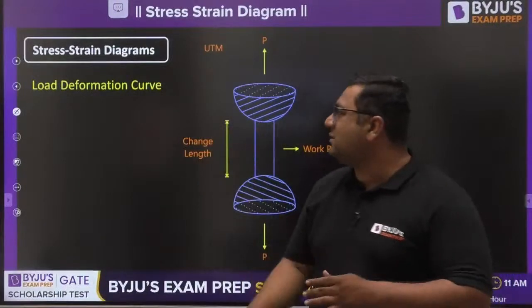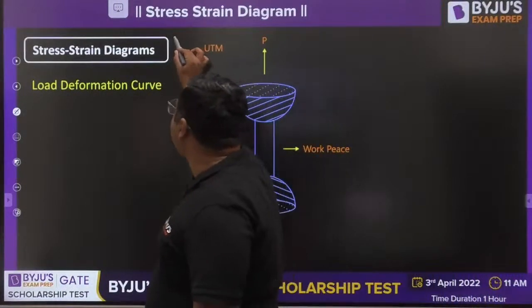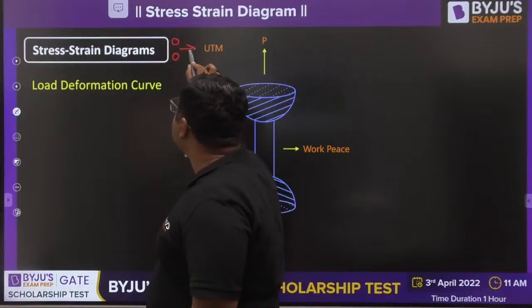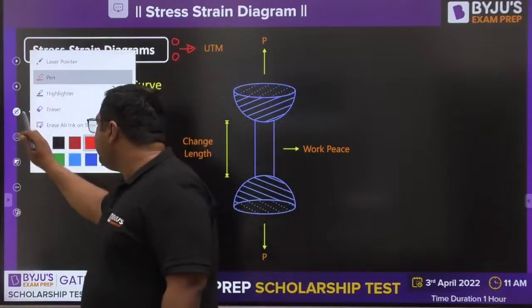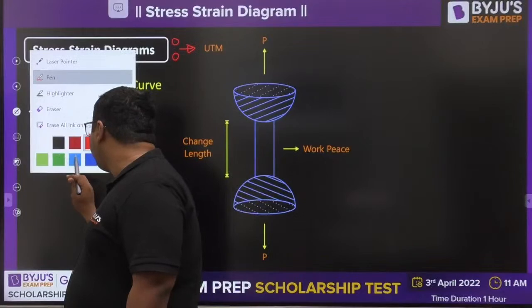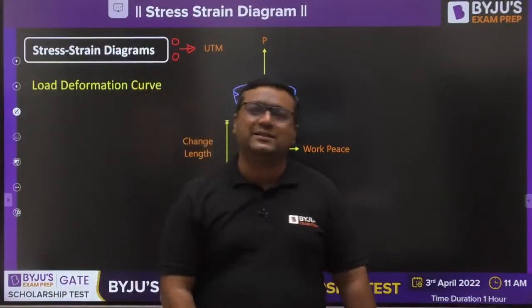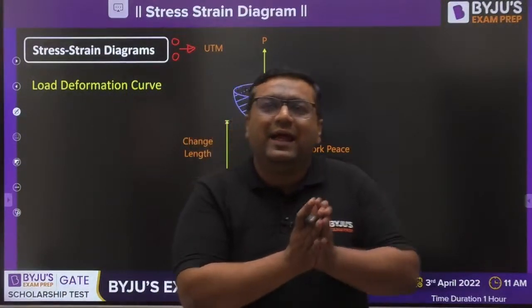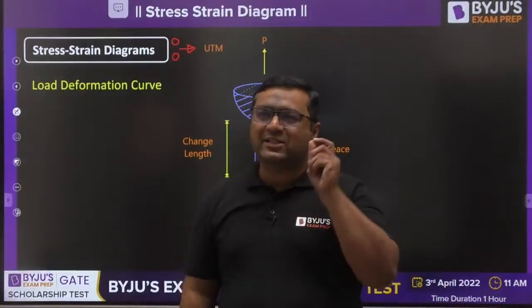So my dear, first, as you can see, the heading is stress strain diagram. If you see this stress strain diagram, it came in the later stages. Actually, the basic thing first of all I would like to discuss is a test named the tension test.